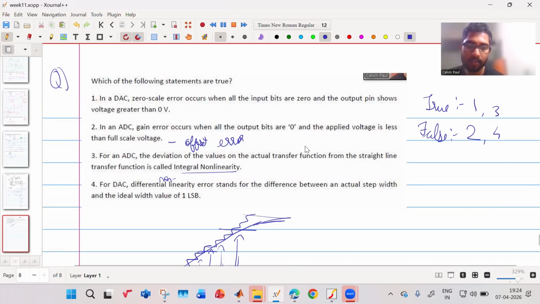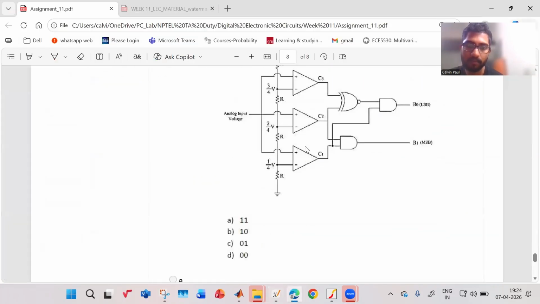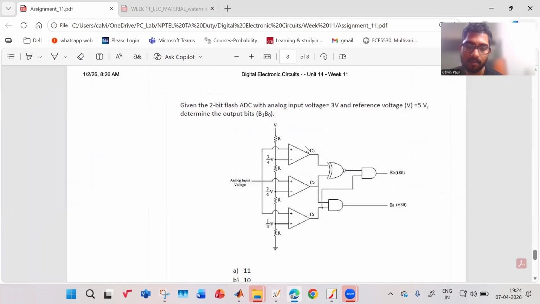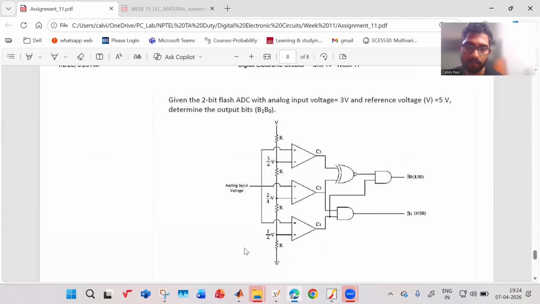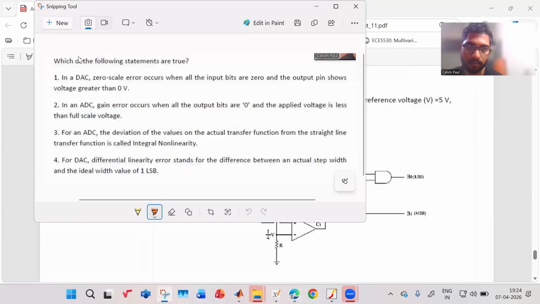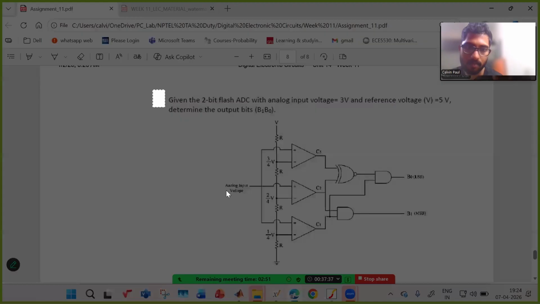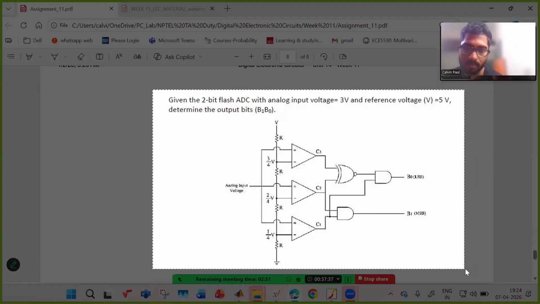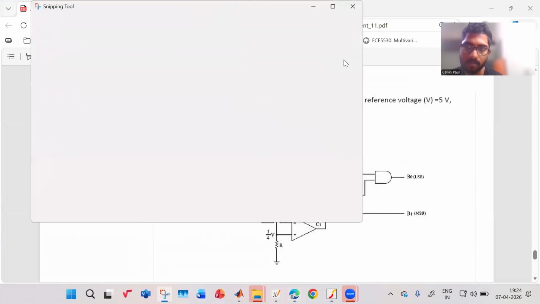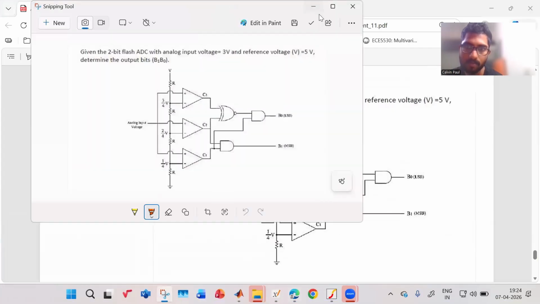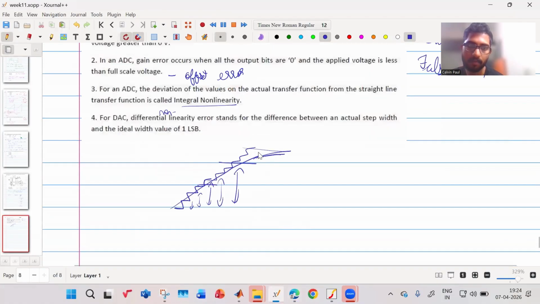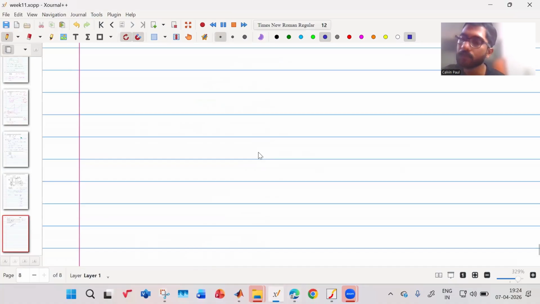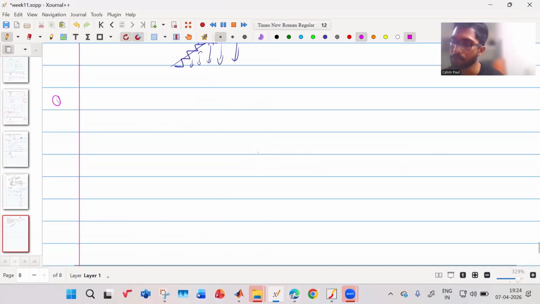Let's go to the final question. Question 12.